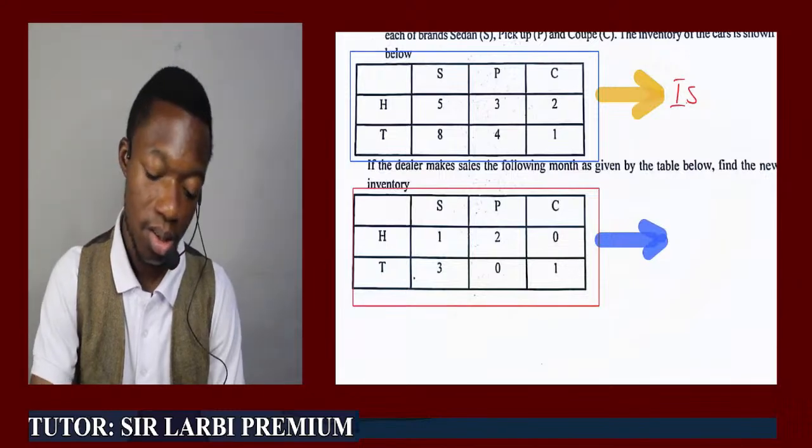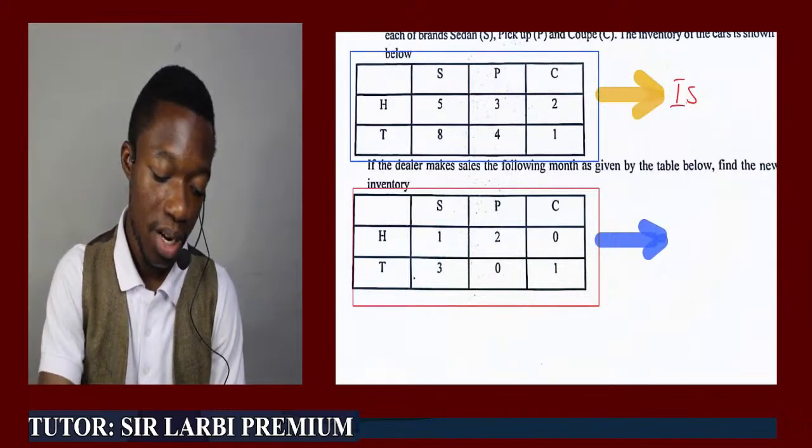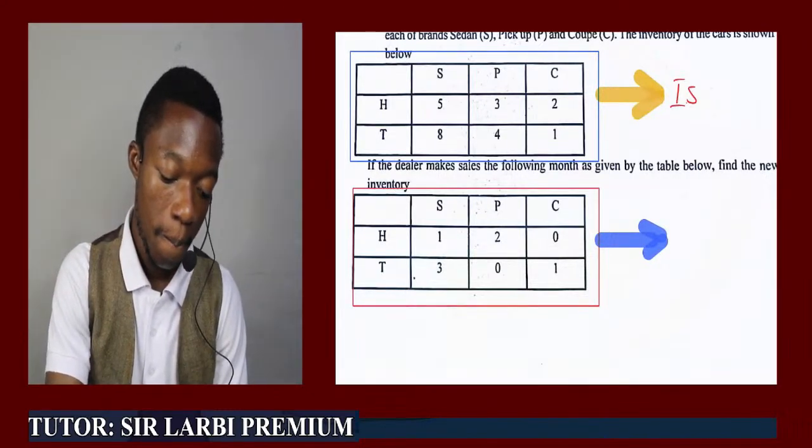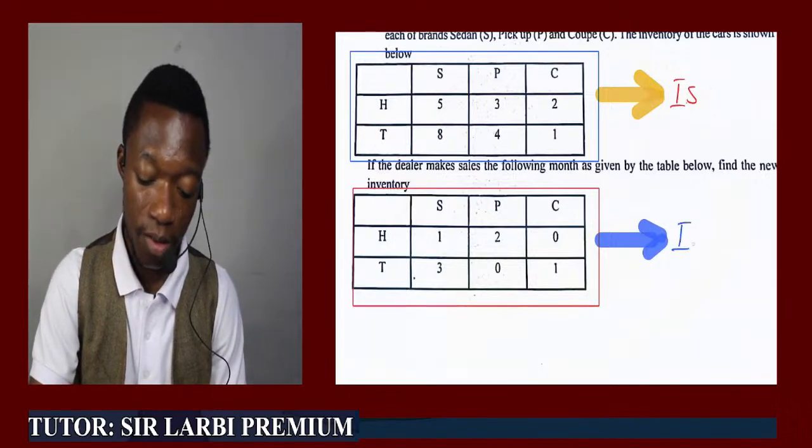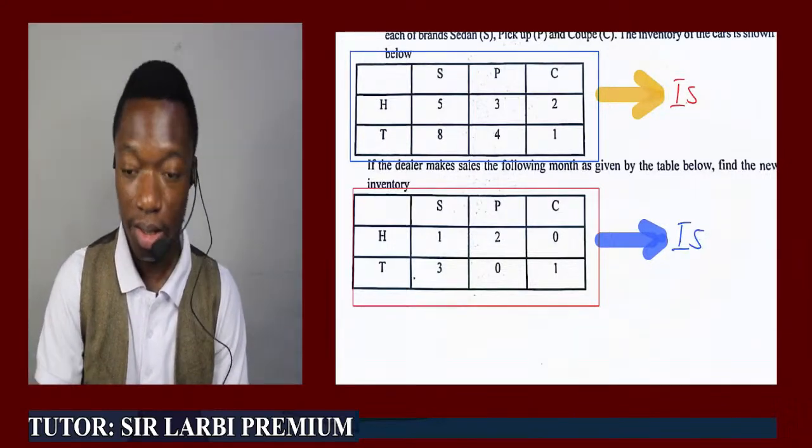To differentiate, let me bring in blue here for you. So inventory sold, the same thing.